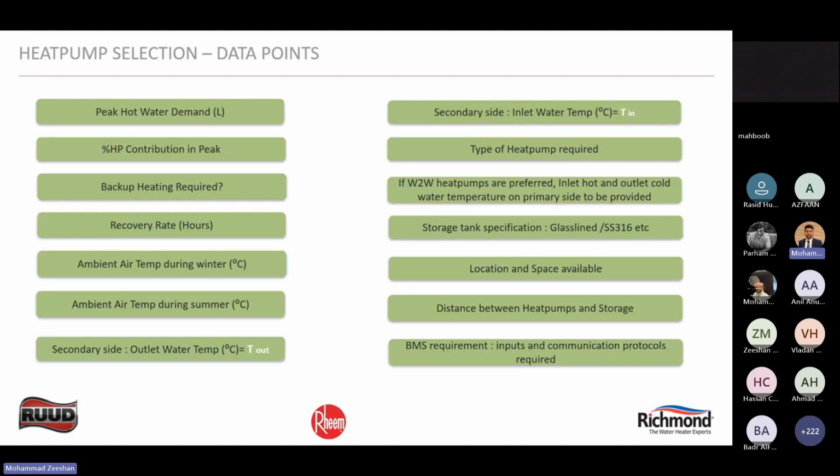If you want a storage tank, we ask what kind of specifications you want, based on the budget and what the client is looking for. We have that flexibility as we manufacture the tanks as well. Then we look into all the nitty-gritties and finally come to the conclusion of designing close to a perfect solution for your projects.